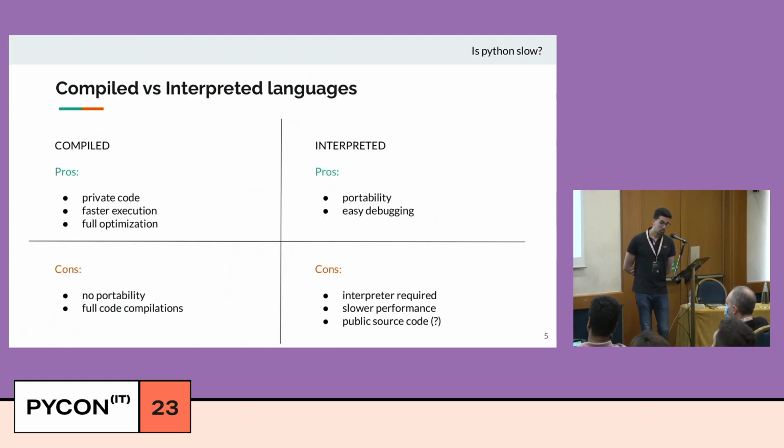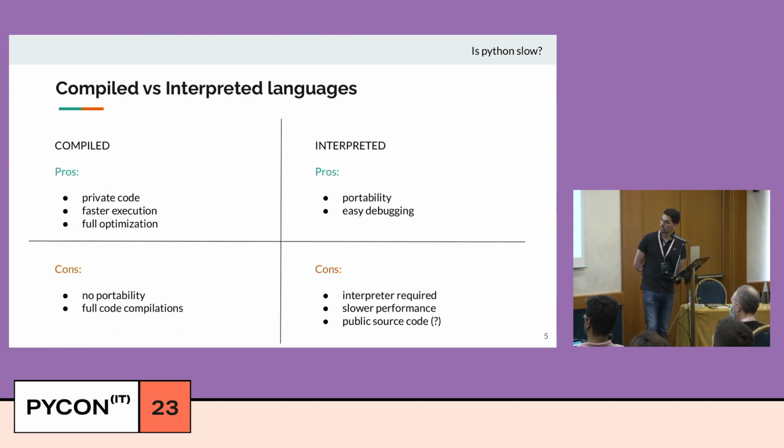So I tried to summarize a little bit the pros and cons of the two worlds. With compiled languages, you can have private code, in the sense that you can circulate your machine code after compiling, providing the end user only the compiled code.